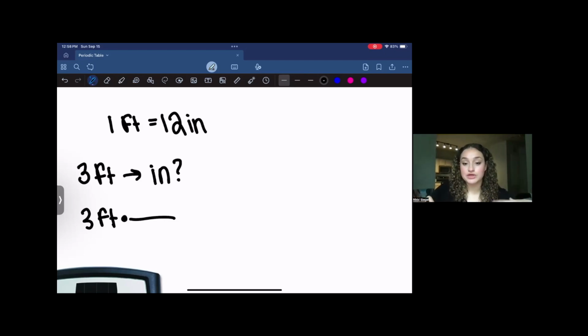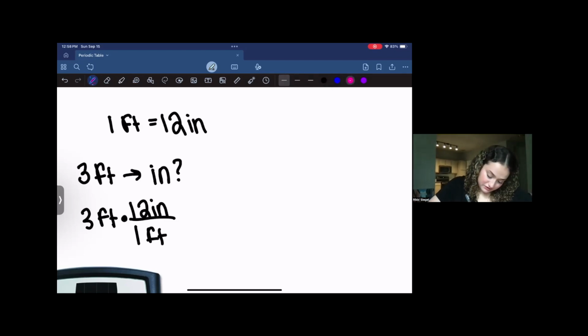So in this case, I want to cancel feet, so feet is going to go in the denominator. That will cancel out, and the units that we will be left with is inches. We have 1 foot, 12 inches, and here feet will cancel out, and our only units that we are left with is inches. This is really 3 times 12. This gets us 36 inches.